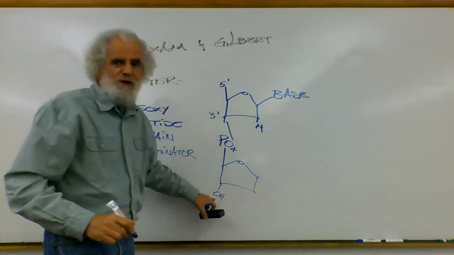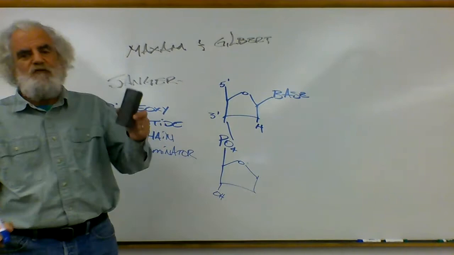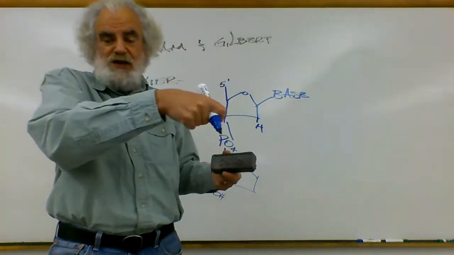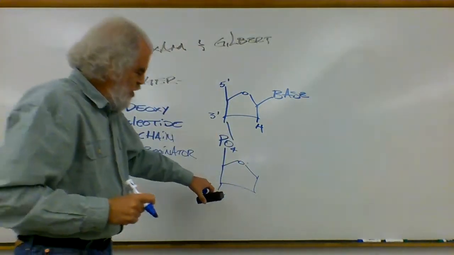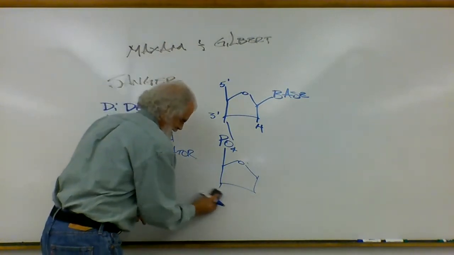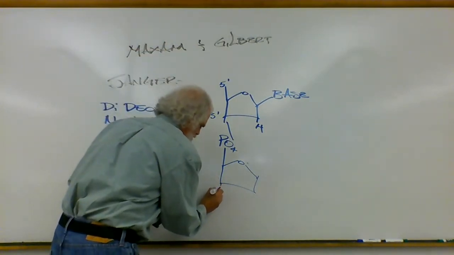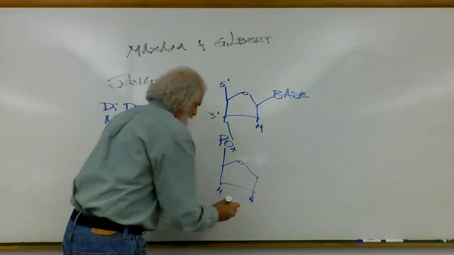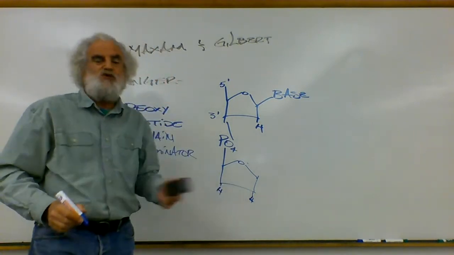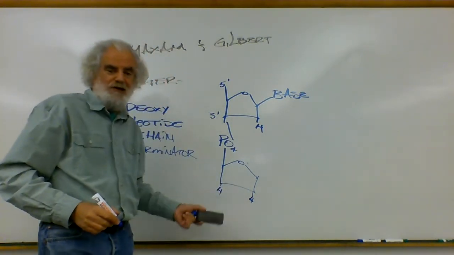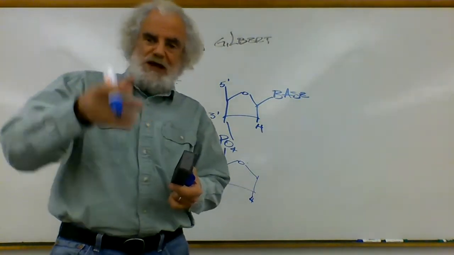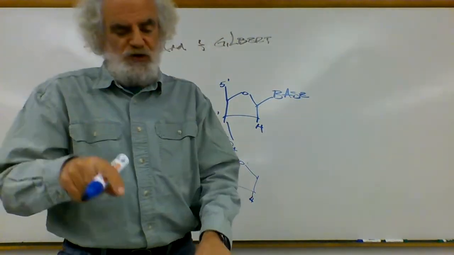So the 3' hydroxyl is critical for making the link of adding the next nucleotide. If you incorporate a dideoxynucleotide with a hydrogen here, nothing happens. You can't add a new nucleotide here, so DNA polymerization stops in its tracks.